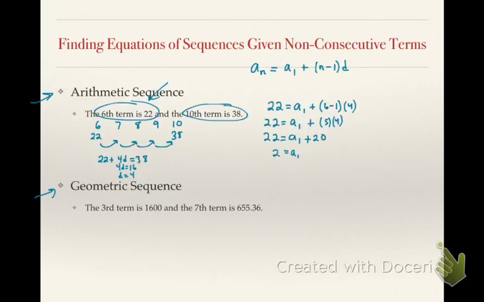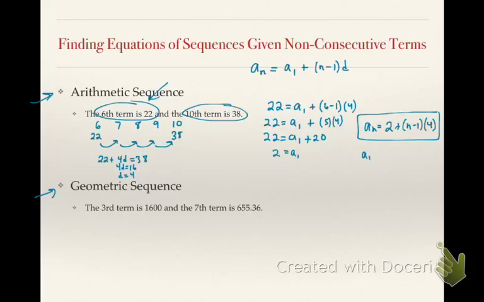Now I can write my formula for the nth term of this sequence. The nth term of the sequence is going to be the first term, which is 2, plus n minus 1 times the common difference of 4. Notice I could now write this in the recursive form as well.